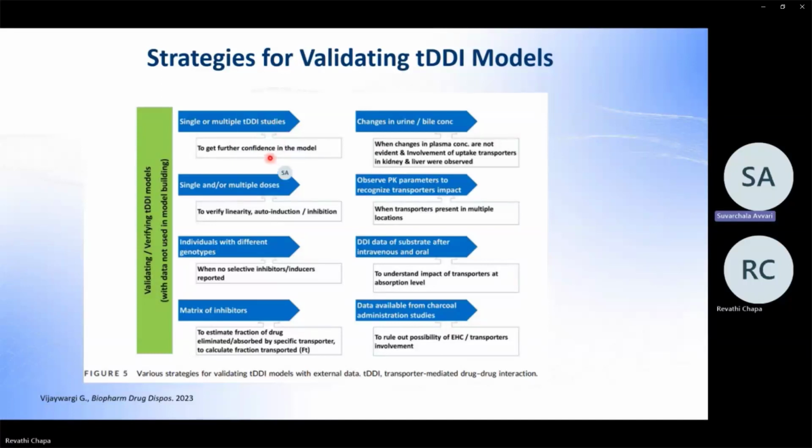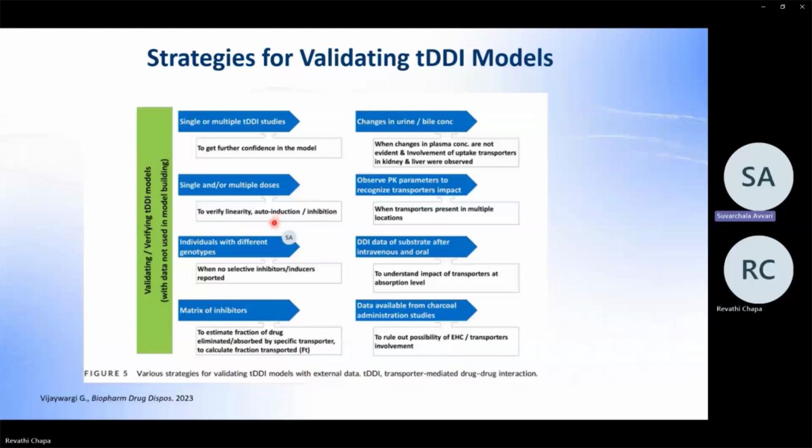And then, as observed with the metabolic enzymes, depending on the transporters, the fraction transported, the FT, can vary, and thus multiple TDDI studies with different transporter inhibitors help validate this phenomenon. Further, data from single and multiple doses helps to validate the model with respect to the linearity, autoinduction, or autoinhibition behavior of the compound.